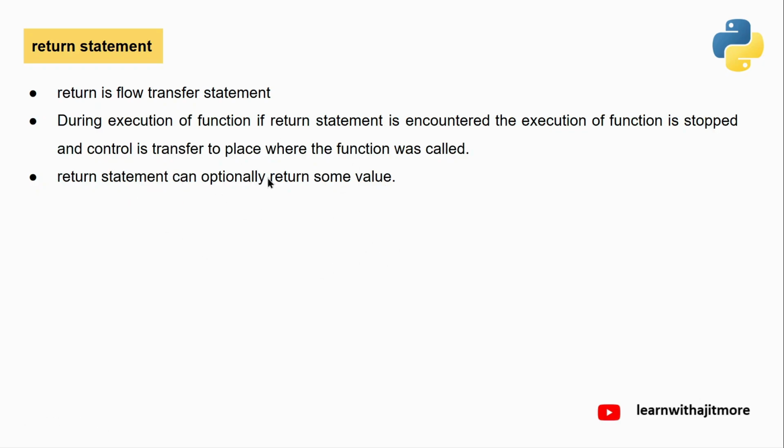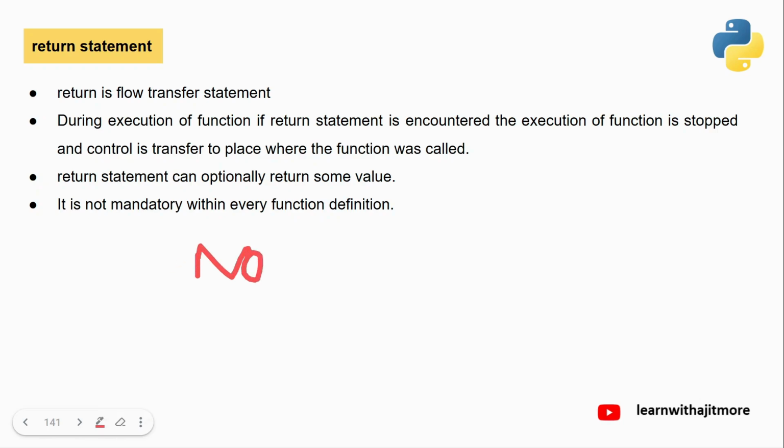So return statement can optionally return some value. See, it is not mandatory within every function definition. Now you'll say if the function is not returning anything and still if I want to check what it returns, None, guys. हमेशा क्या रिटर्न करेगा? None.